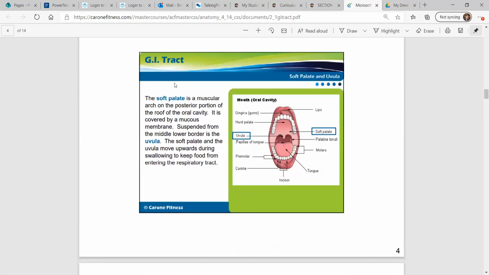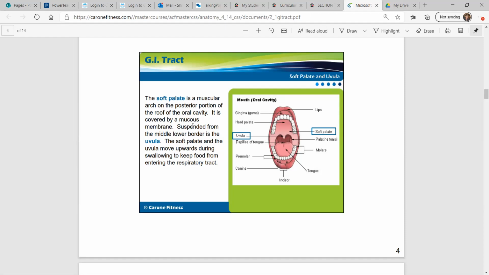Now, the soft palate is a muscular arch on the posterior portion, that back portion of the roof of your mouth. It's covered by a mucous membrane as well. Suspended from the middle lower border is the uvula, that little dangling member at the back of your mouth.